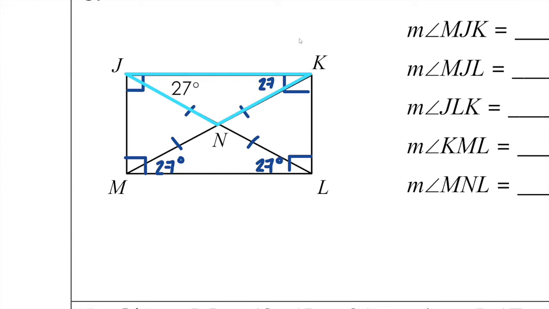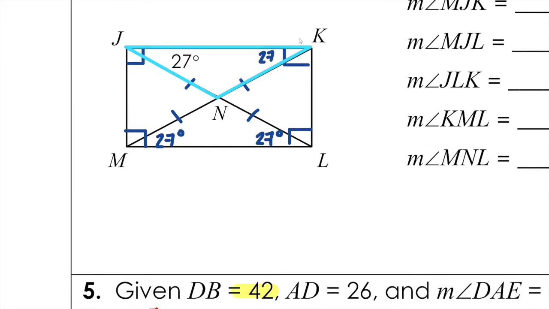So angle J measures out to be what? 90. Angle J is 90. So that means this angle, let's call it theta, and 27 are complementary.